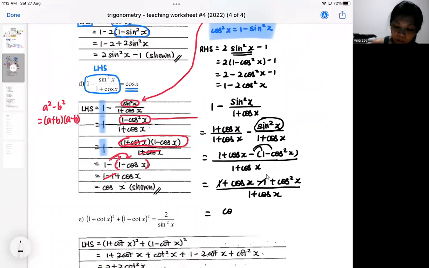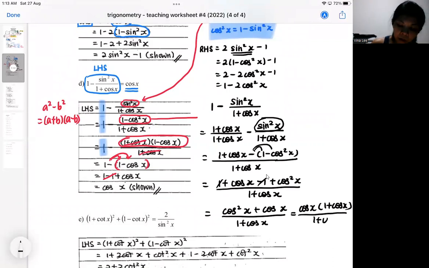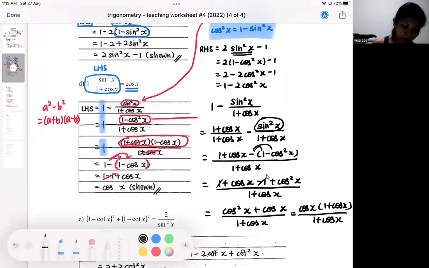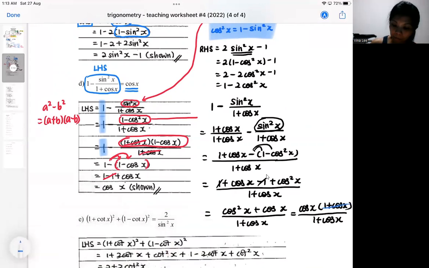My numerator became cosine square x minus plus cosine x. I'm going to take out common factor. The numerator has a common factor 1 cosine x. So as I take out, I'm actually able to cancel away. And I'm left with a cosine x.